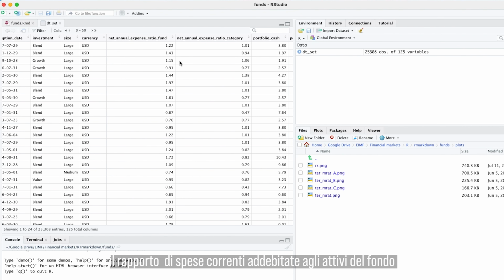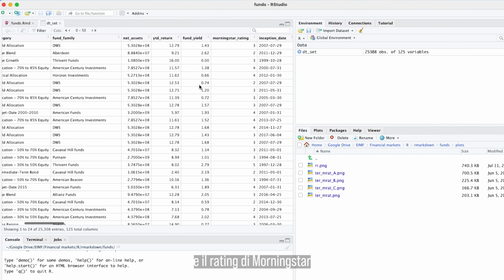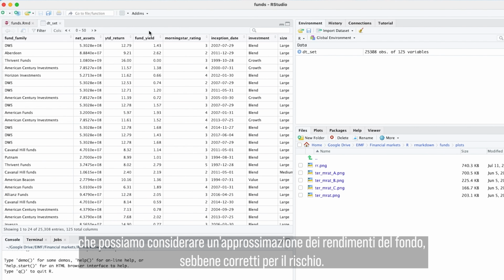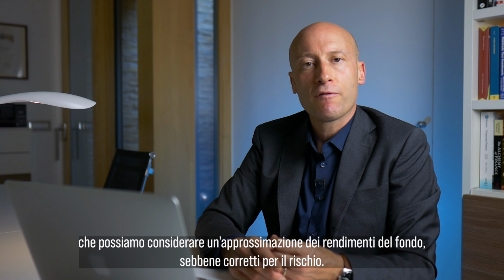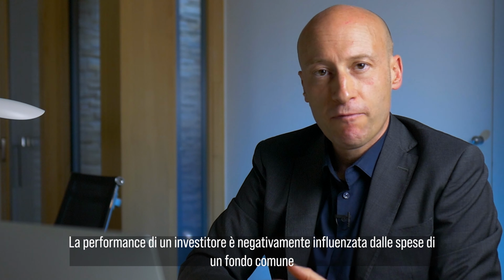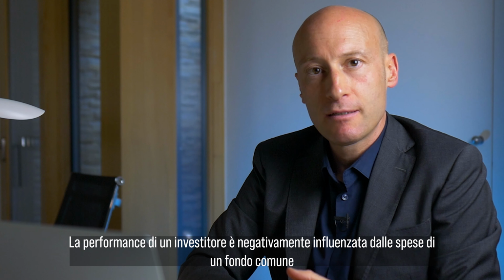What we have here is the net expense ratio, that is the net percentage charged on a fund's assets, and the Morningstar rating, which we can consider a proxy for a fund's risk-adjusted relative returns. An investor's performance is negatively affected by a fund's fees, and the Morningstar rating factors in these costs.